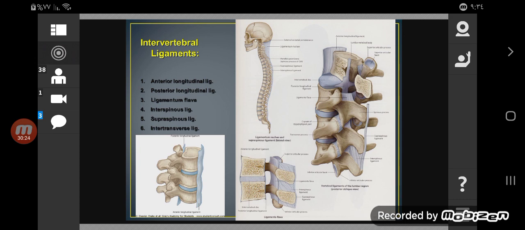Ligamentum flavum has many elastic fibers, and because of this, the appearance of this ligament is yellowish because of its elastic fiber content, and therefore it has a tensile property because of the elastic fibers.